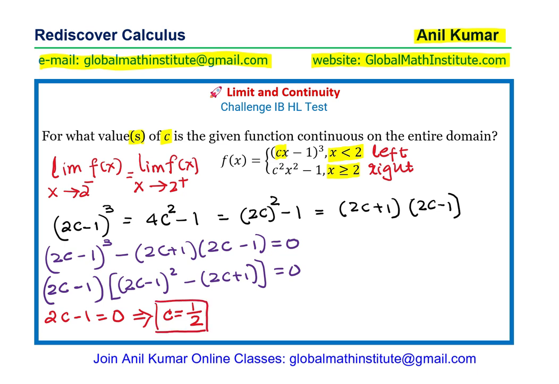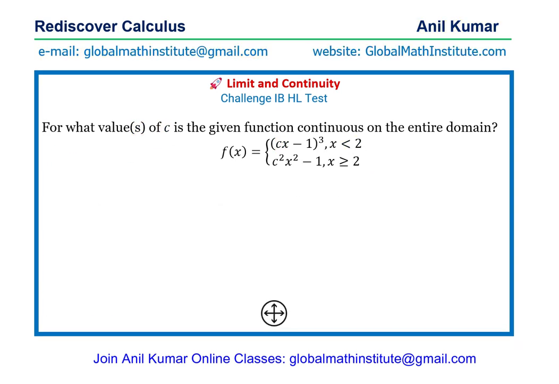Now on the next page, I'm going to solve this particular part, which is (2c minus 1) whole squared minus (2c plus 1). Let's expand this. When you expand (a minus b) whole squared, you know it's a squared minus 2ab plus b squared, right?